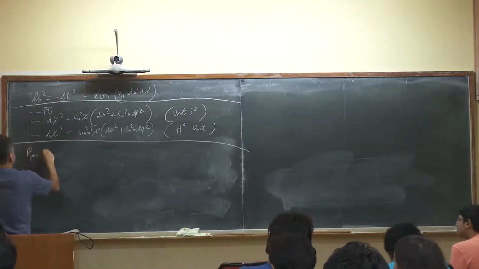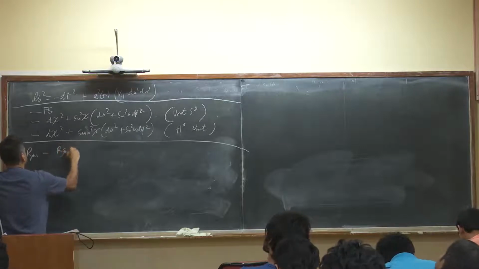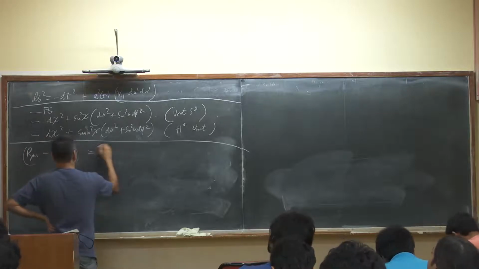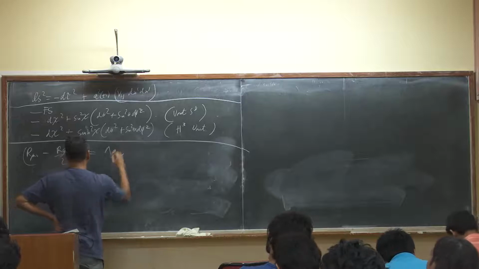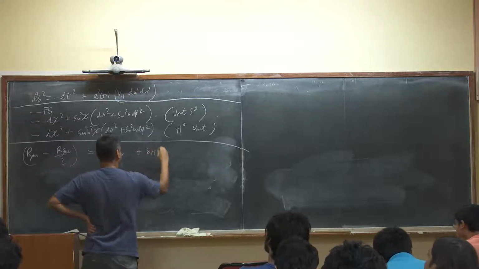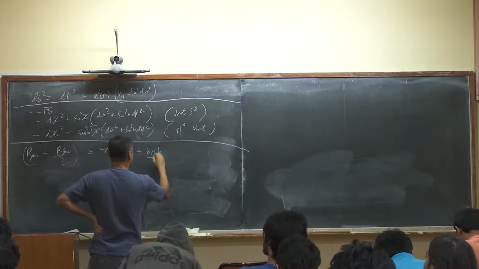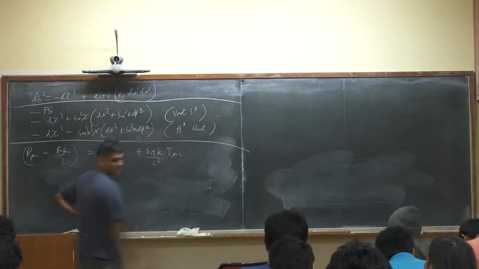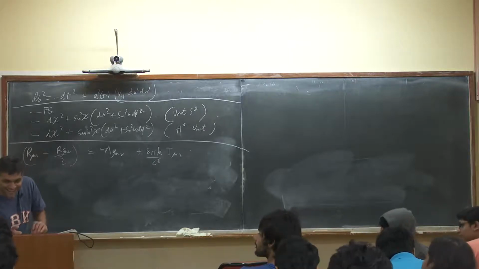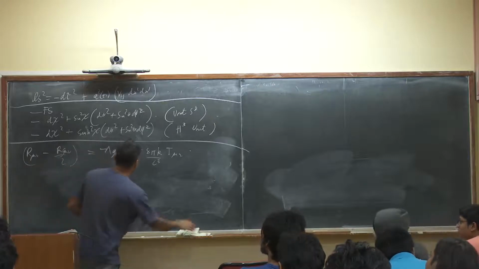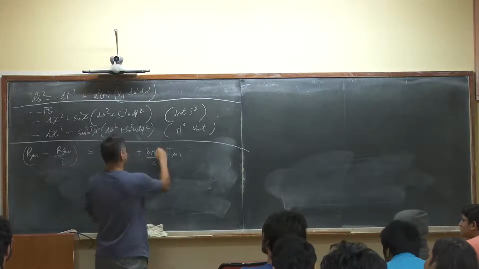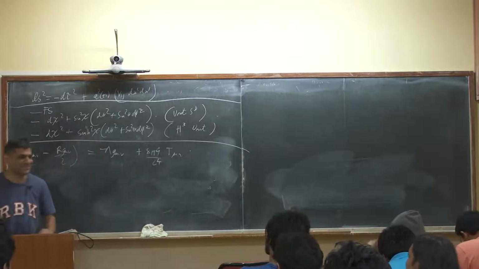R mu nu minus R g mu nu by 2 is equal to lambda g mu nu plus 8 pi G by c to the power 4 times the stress tensor. Let k be G. Thank you so much.